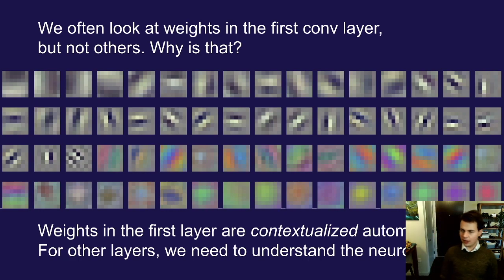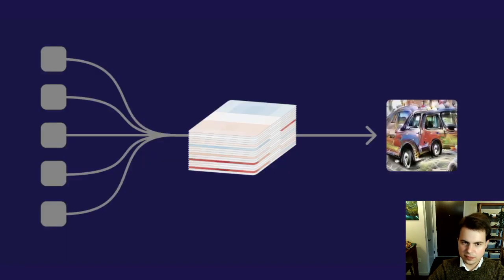But when we look at weights in other layers, we can't easily just visualize them like this. We haven't contextualized them. We don't know what the weights are connecting to. And so in order to understand the weights, we need to contextualize them. Thankfully, that's what we've been doing in the last section. If we understand the neurons, then we can understand the weights connected to those neurons.